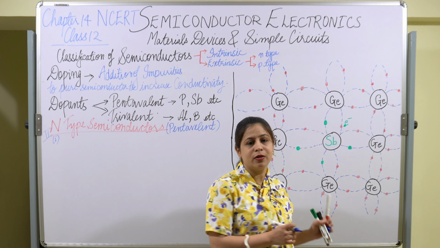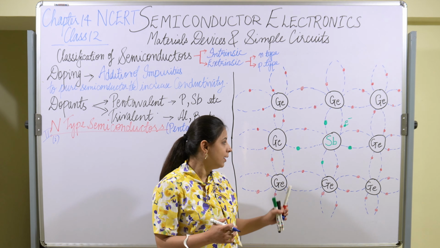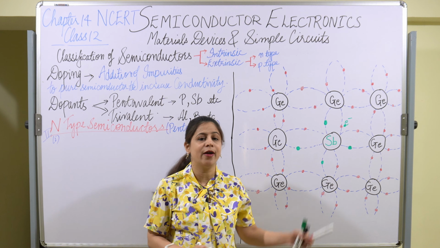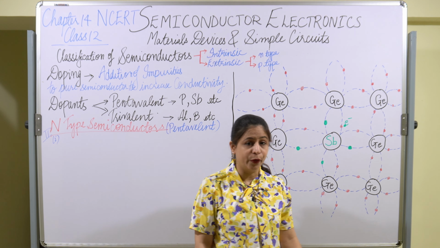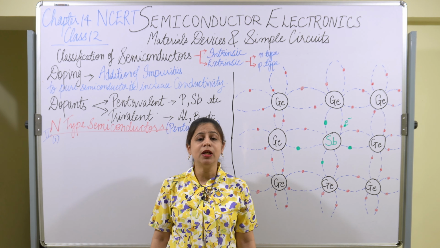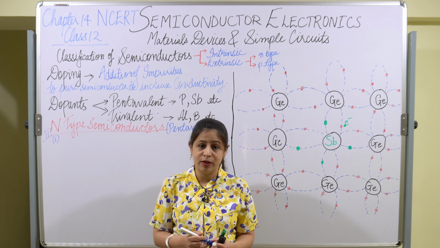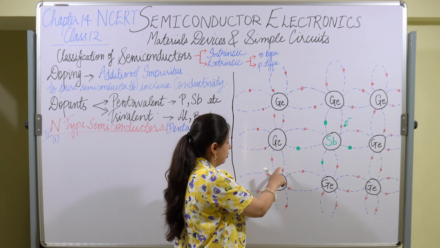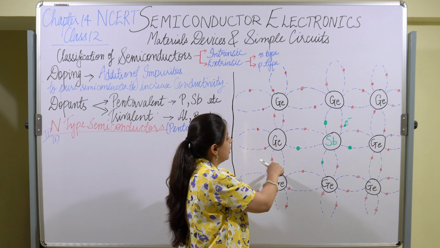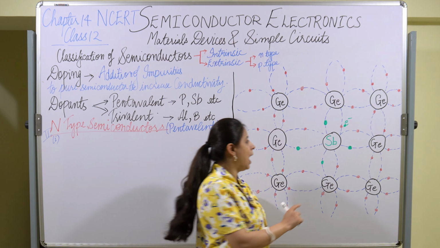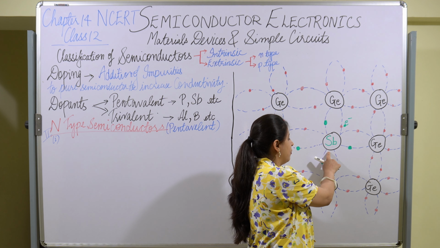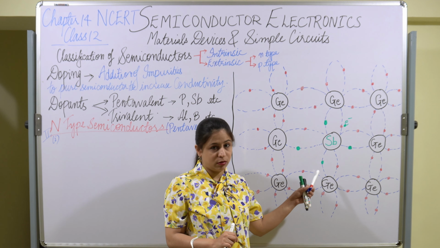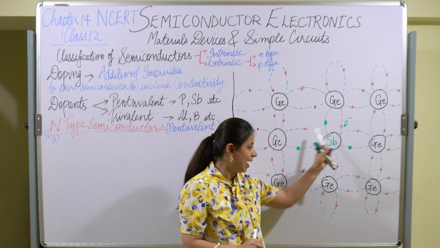Here I have shown the germanium crystal, pure germanium crystal, in which I have added antimony, which is a pentavalent impurity. These red dots are the valence electrons of the germanium atom, and these green dots are represented for the antimony valence electrons.